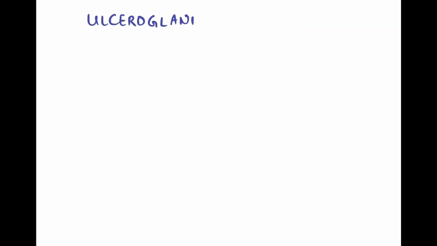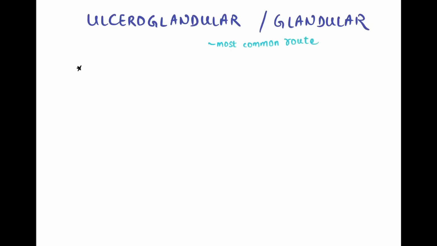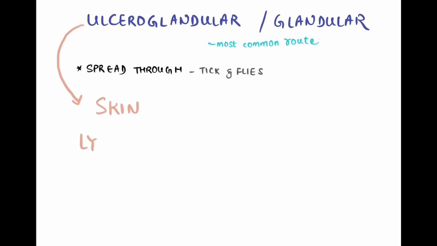First, the ulceroglandular form and the glandular form together. It is the most common route through which you can get infections, and these are spread through insect bites, for example ticks and flies. In the ulceroglandular form, it mostly affects the skin and the lymph node.